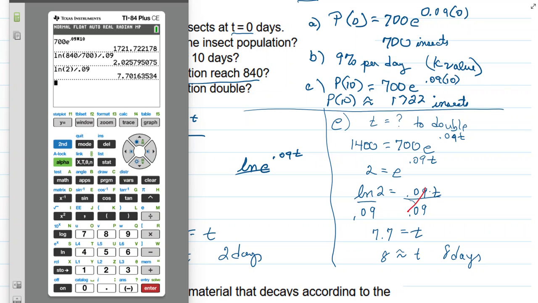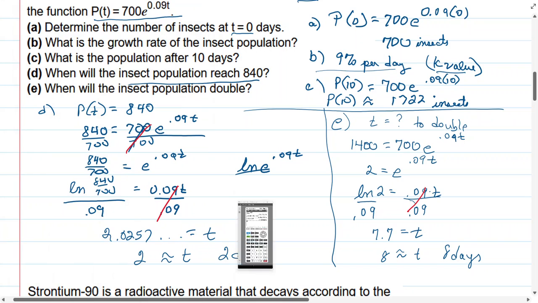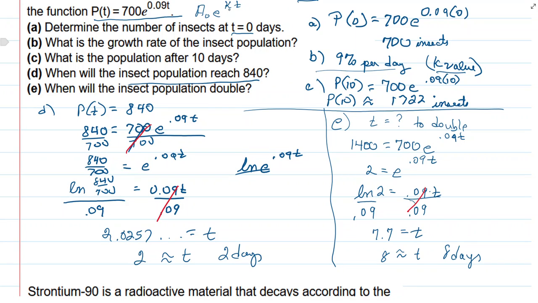Questions on this problem? So how did we do the doubling for part B? Oh, B. Oh, we read the K. I wrote K value, the K in the problem. Okay, this is A of 0 times e to the K T. Well, K is our growth.